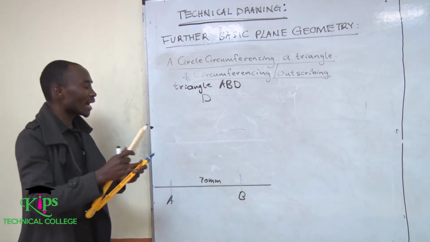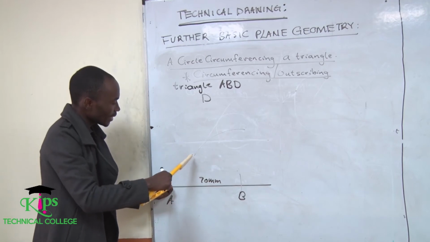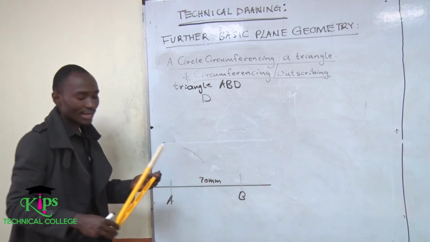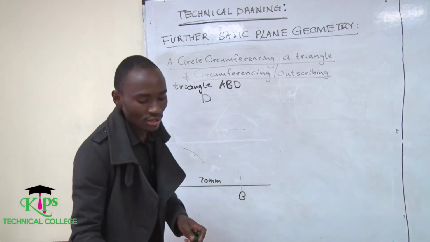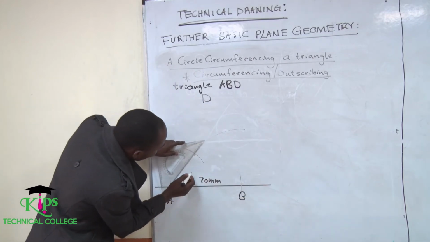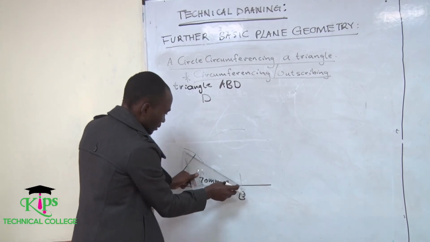So I will measure 45 millimeters like this. Wherever those two intersect, I will join those points like this.